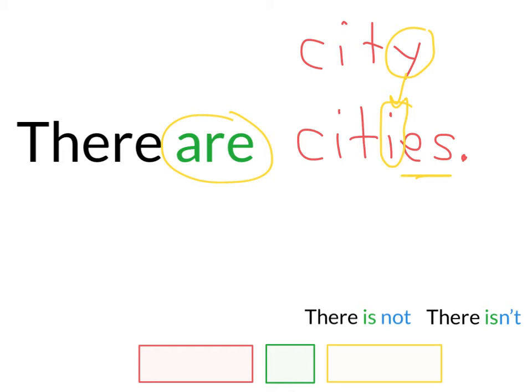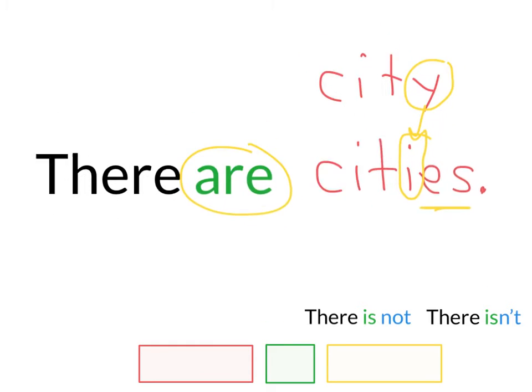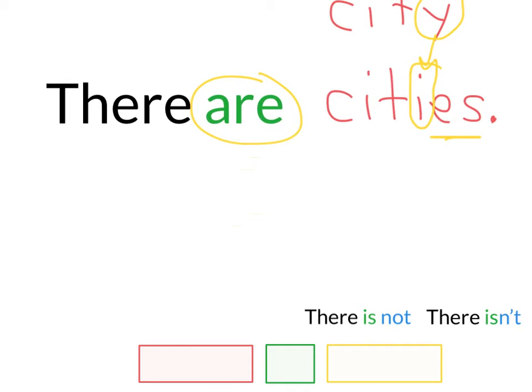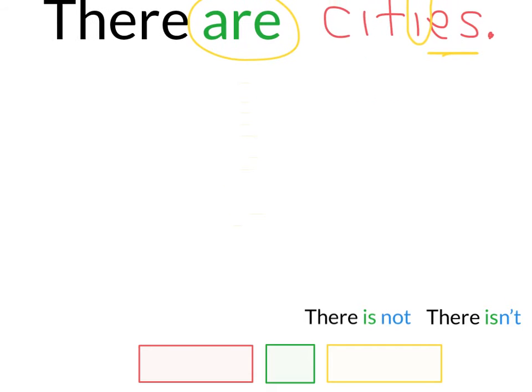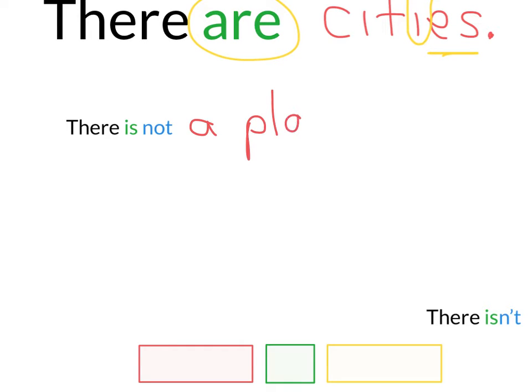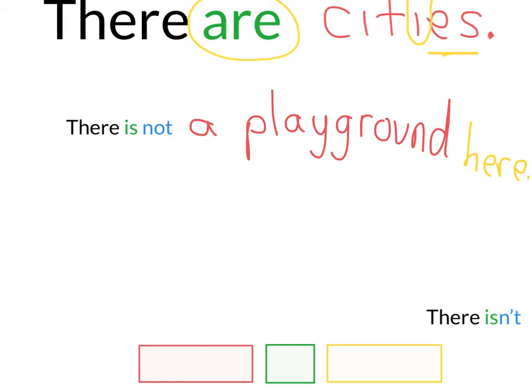If we want to say there are not something, we could say there is not a playground. We might say there is not a playground here, period.